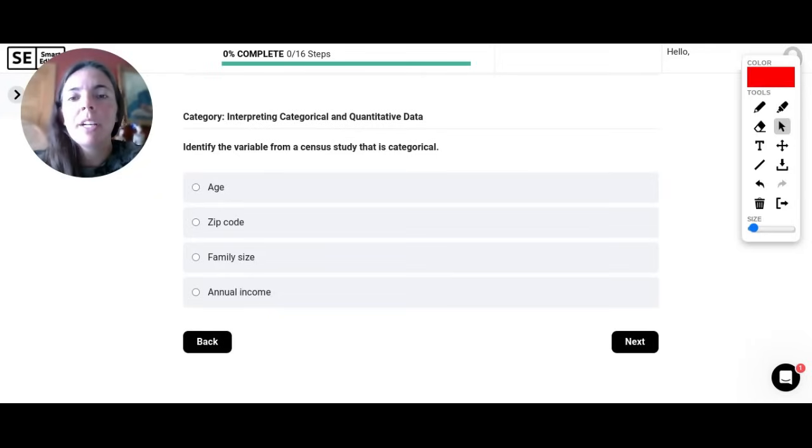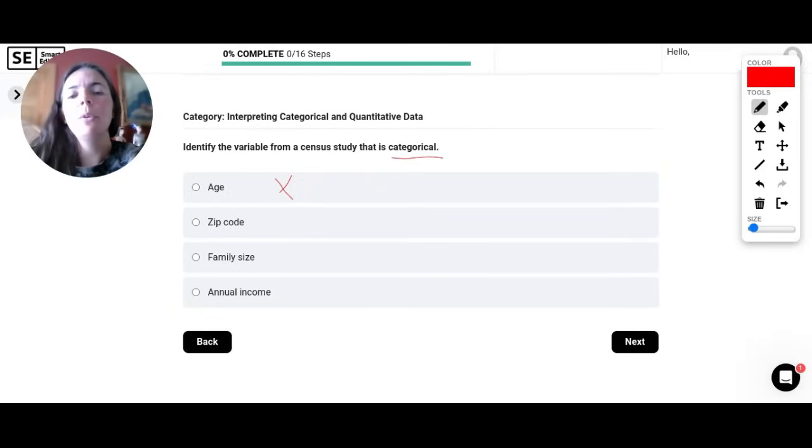For this question, we need to identify the variable from a census study that is categorical. So usually it's either quantitative or categorical. Categorical is something that isn't necessarily a numeric or quantitative piece of data, something that is a little more abstract. So age. Age is something you can count. It's on a spectrum. Zip code. Although zip codes are written in numbers, that's a little bit tricky. They're actually just talking about a zone, an area.